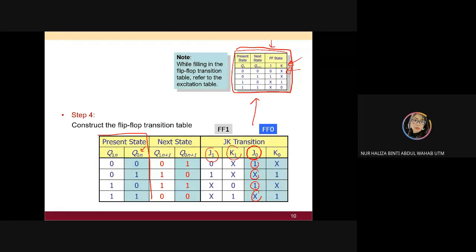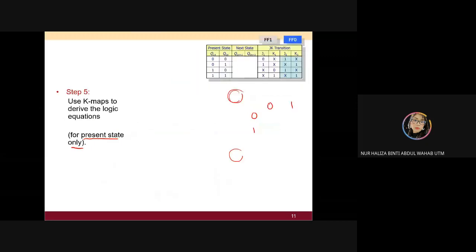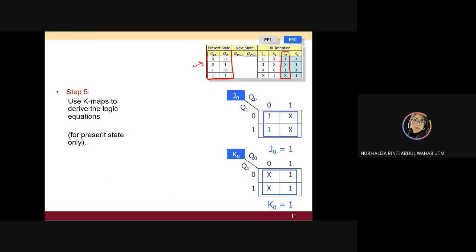And I bring this table to next. Okay, we have here. Referring to this table, we're going to look at this JK first. For J0, we have 0, 0, 0, 1, 1, 0, 1, 1.